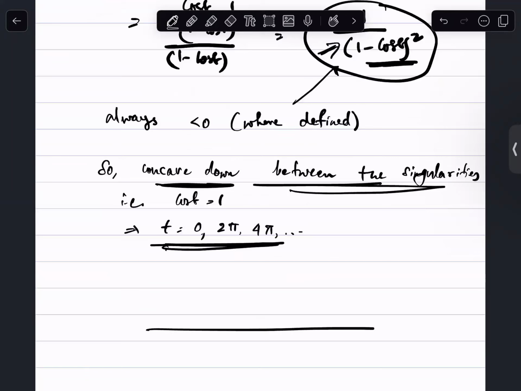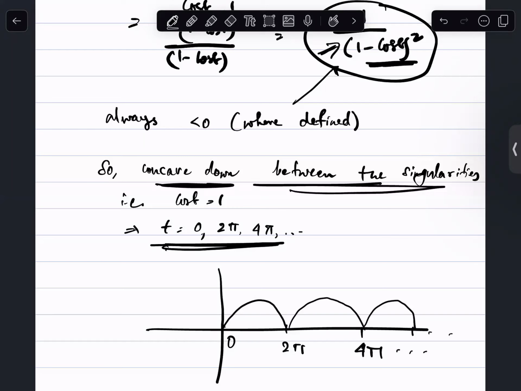What I mean by that is the curve sort of looks like this, say at 0, 2 pi, 4 pi, and so on. Very roughly speaking, the curves are like this, probably, right? This is concave downwards, right?